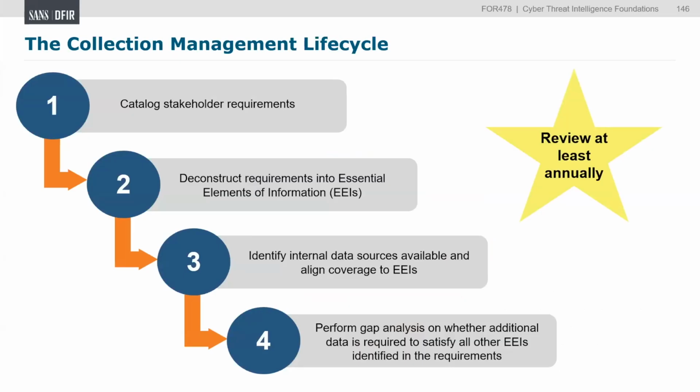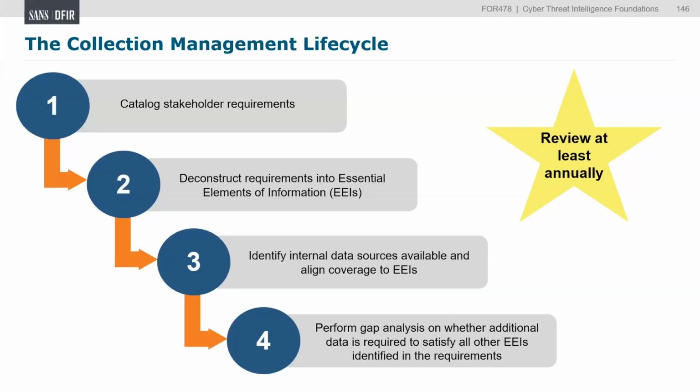That's a nice tee up for how we start this section, really focused on what a collection management lifecycle looks like. So we give you a 4-step process here. Understand your stakeholder requirements, which Josh just talked about in the last section. Moving to actually deconstructing the data sources. What are we looking for that's going to allow us to answer those stakeholder requests?